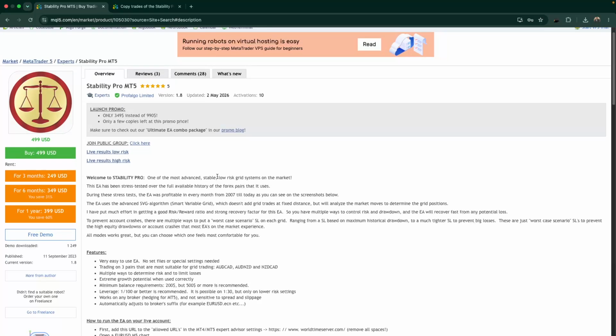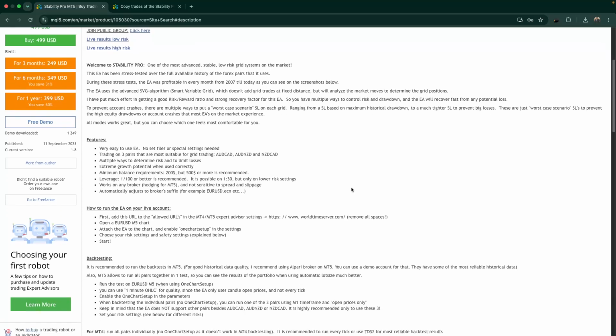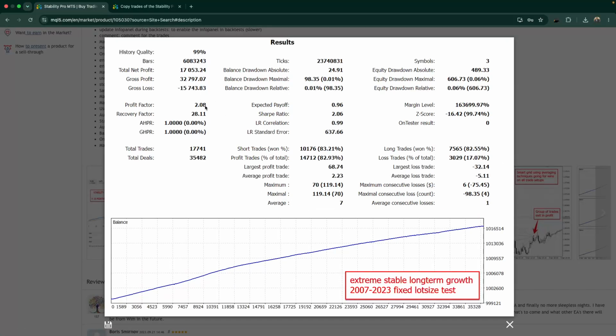The seller shows an extremely stable long-term backtest with tiny drawdowns. You can see that backtest having 0.06% drawdown on the equity, very impressive, and 0.01 on the balance. Basically, it was just a straight push to the upside.